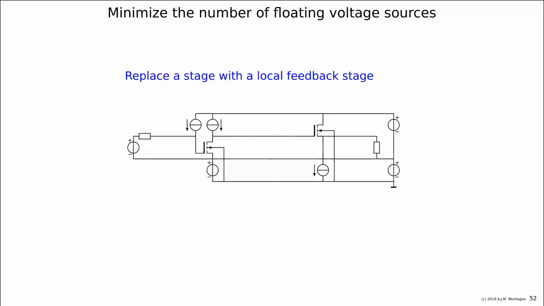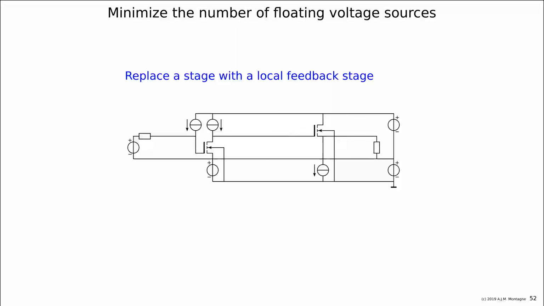Another way of minimizing voltage sources is to use a local feedback stage. Now, of course, this is changing the topology of your amplifier, but as you know, a non-inverting feedback stage has the same contribution, if it is a current-driven CD stage, for example, to the loop gain pole product as a CS stage. Only we are doing something without a signal inversion.